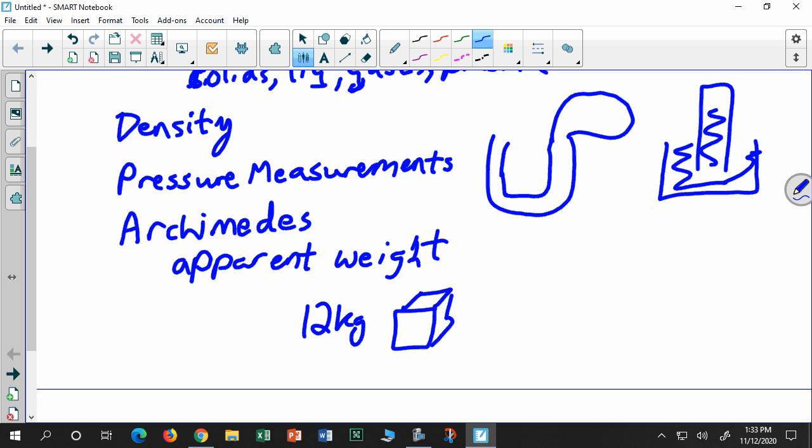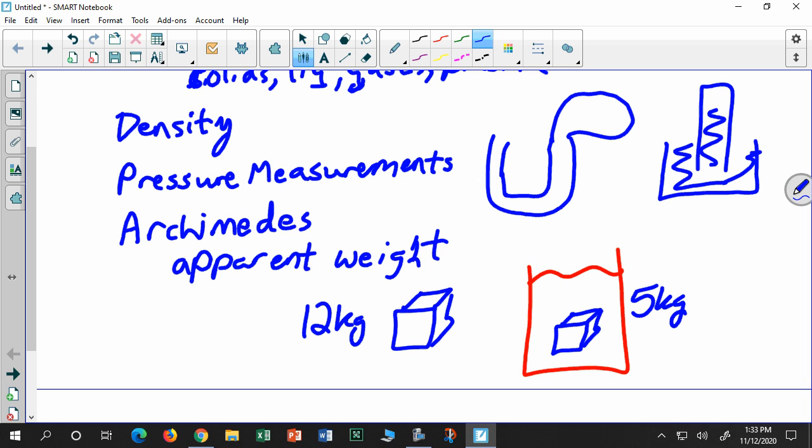But then, if I put that object inside of a container that's filled with liquid, and it appears to have a mass of 5 kilograms, the object hasn't actually lost mass. What's happened is that I have a buoyant force pushing up on it, which causes it to appear to be less massive than it is.